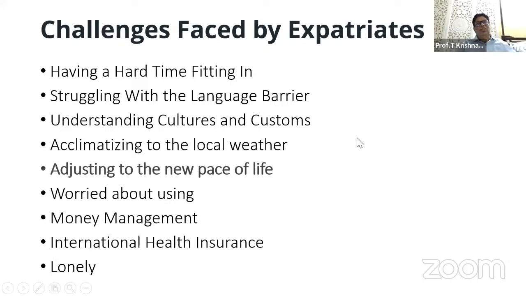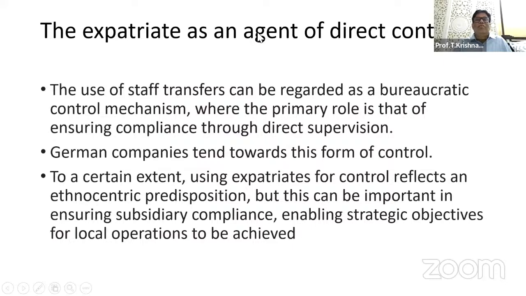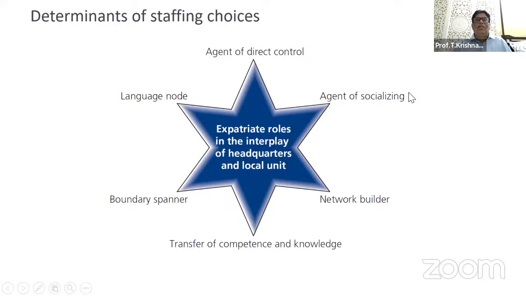Now, we should discuss a few more things. What are the determinants of staffing choices?